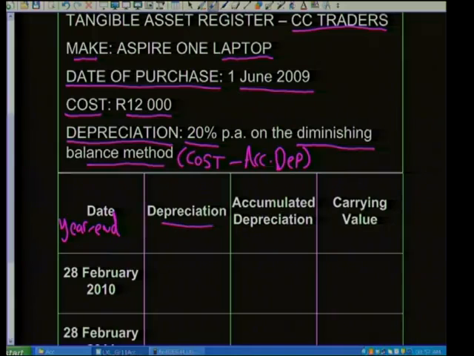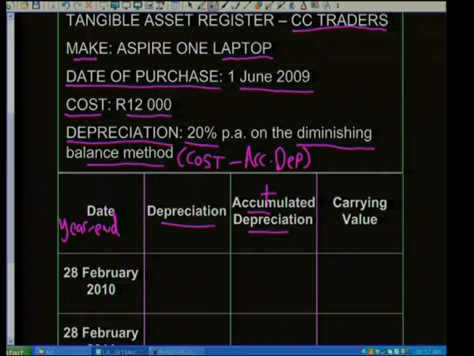Then the depreciation calculation that we need to complete. Accumulated depreciation. Now remember guys, accumulated depreciation is simply the sum of depreciation over a period of time. Accumulate means the sum, adding up depreciation. And then we've got carrying value.